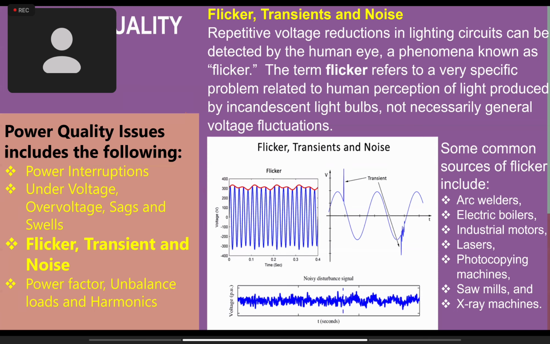Then the other one is the noise, disturbances of the signal. Ito yung marami ng combination of flicker and notches doon sa ating power system. So what are some common sources of flicker? The flicker includes arc welders. So pag magkaroon ka ng welding machine, biglang pasok, short circuit yun eh.